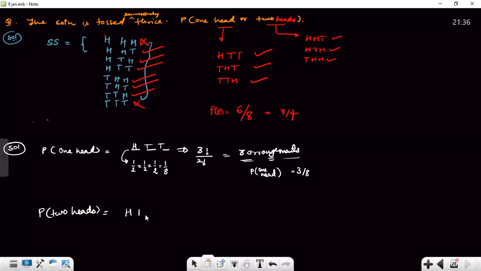Two heads and then a tail, on three places. Now we are finding the total number of arrangements. Three places, but head is repeated twice, so there can be three arrangements.